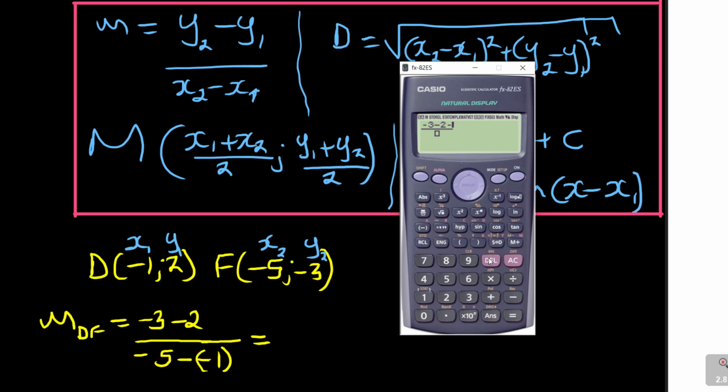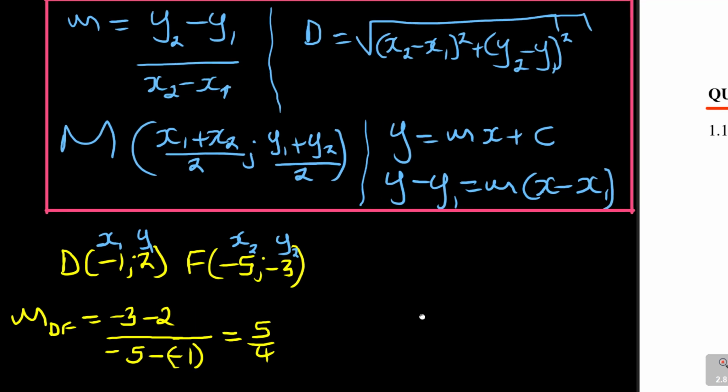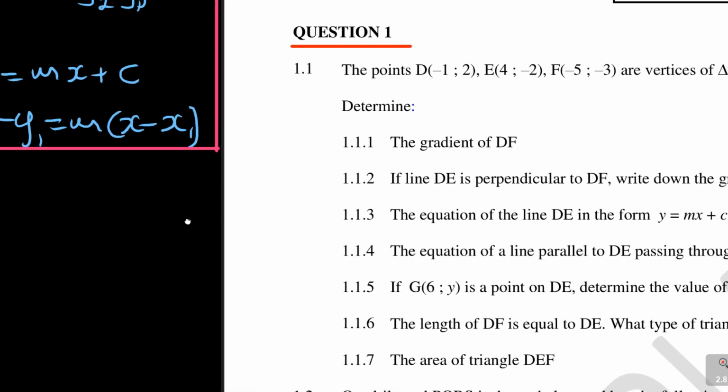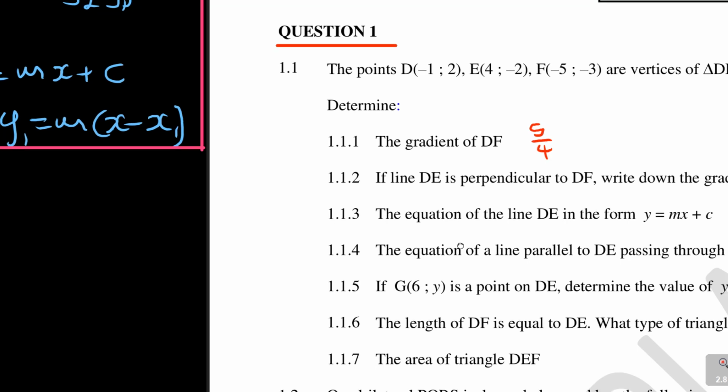Actually, I'm doing this wrong. Go down. It's negative 5 minus bracket negative 1. Right, then what's the gradient? According to this one, it is positive 5/4. So that is 5/4, the first answer, the gradient of DF. Let's write it there. We might need these answers. So 5/4 is the gradient of DF.